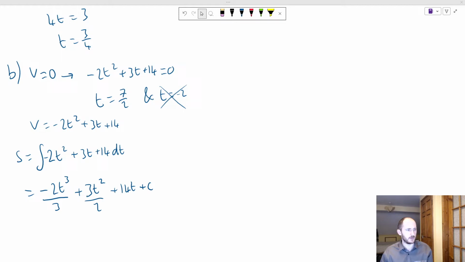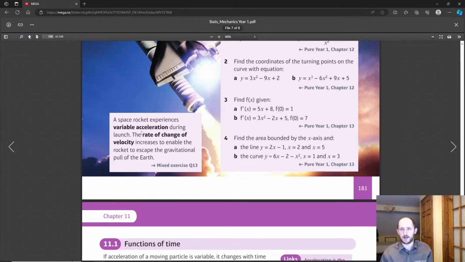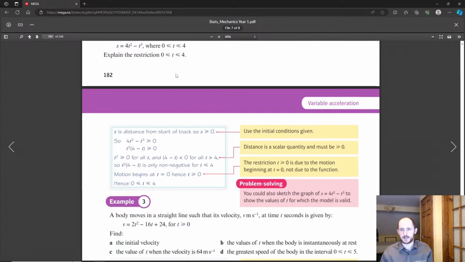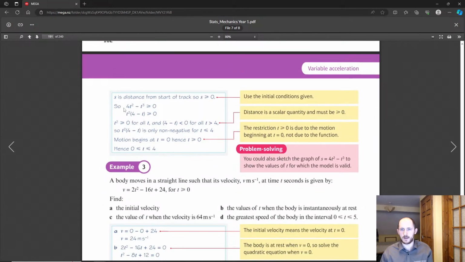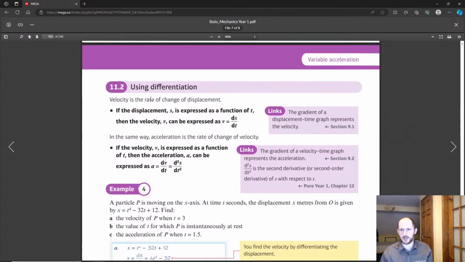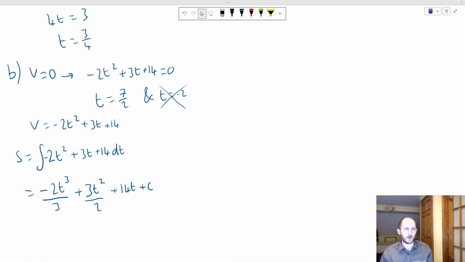So if I show you this chapter here, it's called Variable Acceleration. And yeah, it's covering everything we're talking about here. So we have these equations. It won't show you the differentiation just yet, using differentiation, etc. So yeah, it is 100% an AS topic, and it is on Edexcel.